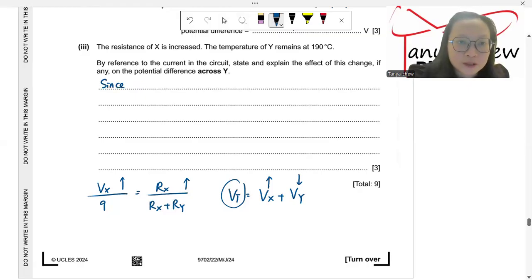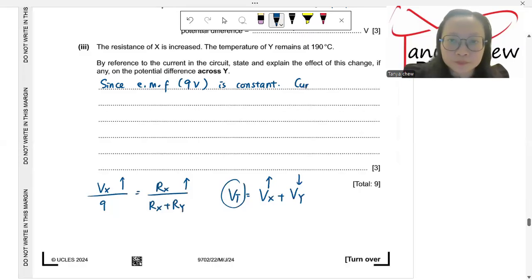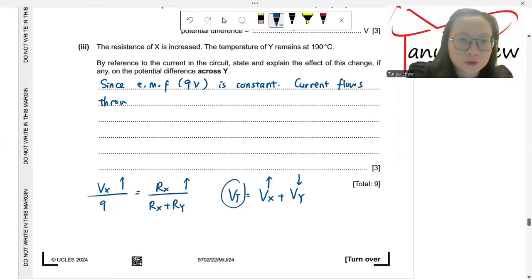Since the EMF, 9 volt, is constant, the current that flows through X and Y is constant.